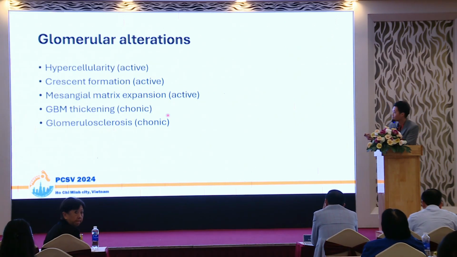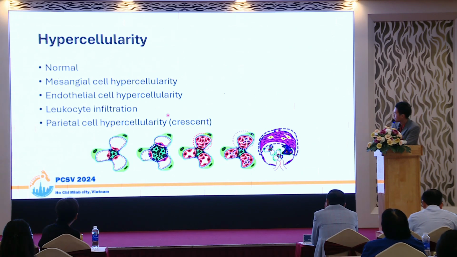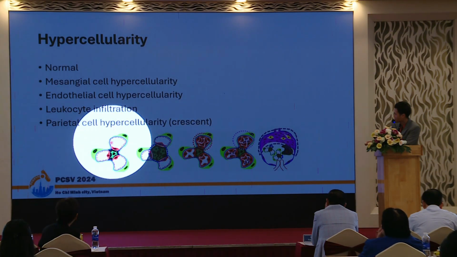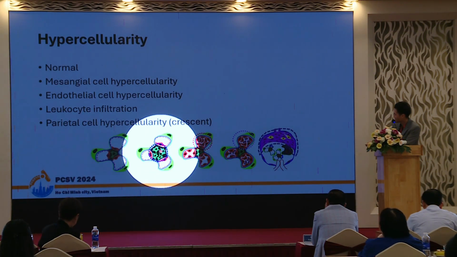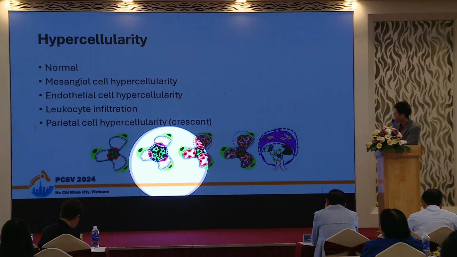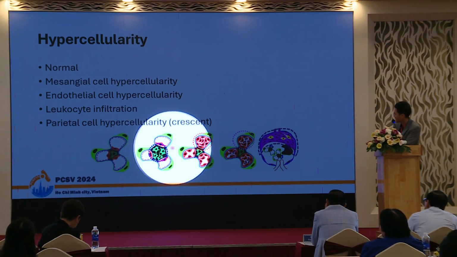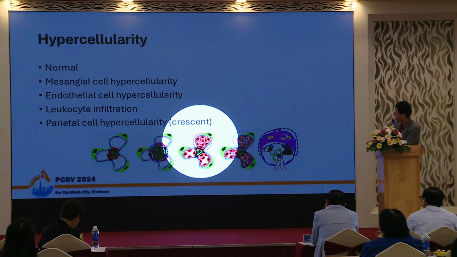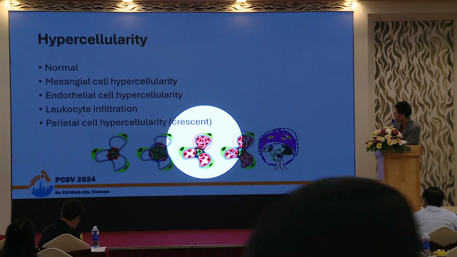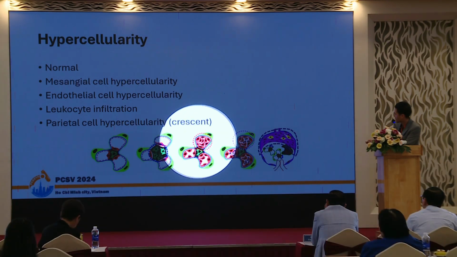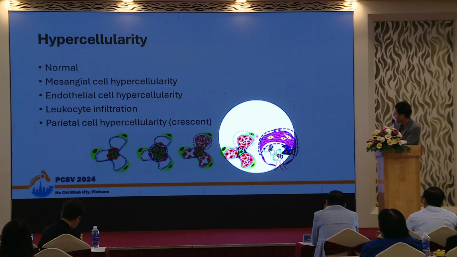So let's look into the glomerular pattern. Compared to this normal tuft in glomerulus, there's mesangial cell hypercellularity, and it shows endothelial hypercellularity which obstructs or narrows the capillary lumen.